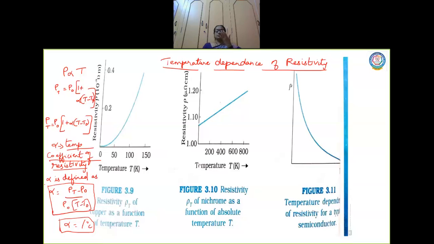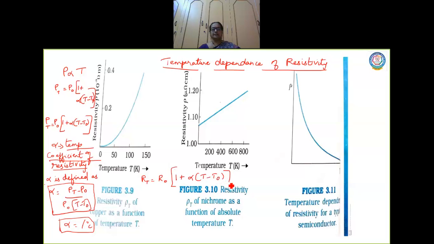And we also talk about resistivity equal to resistance. Yes or no? When length is 1 meter and area is 1 meter square, we say that resistance is equal to resistivity. So this formula can also be given in terms of resistance. In terms of resistance, I will write the formula as RT is equal to R naught into 1 plus alpha into T minus T naught.